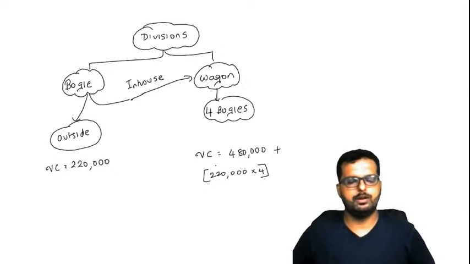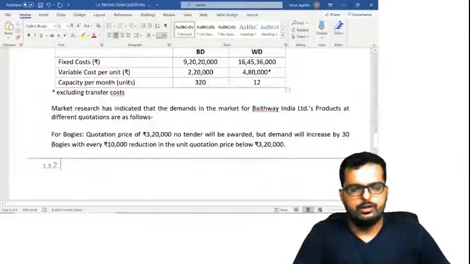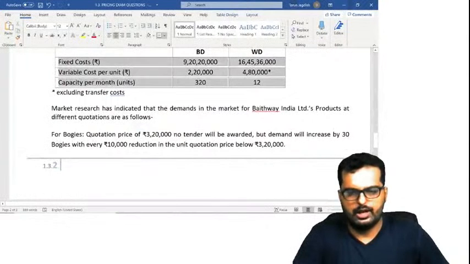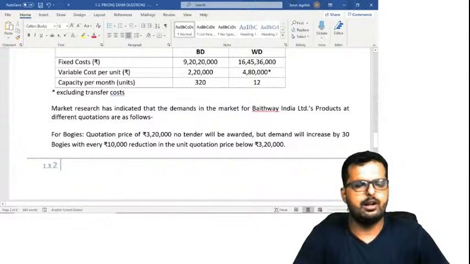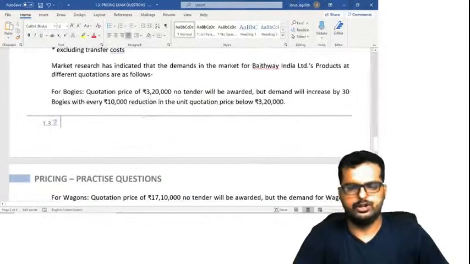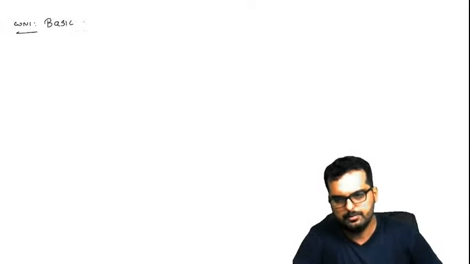Alright friends, have you all put up till here in your books now? Can I go to the next part? Okay. Now they have given the capacity per month also. Market research has indicated that demand in the market is having different quotations. For a quotation price of 3,20,000, no tender will be awarded. So I'll write down working note number 1, basic data.